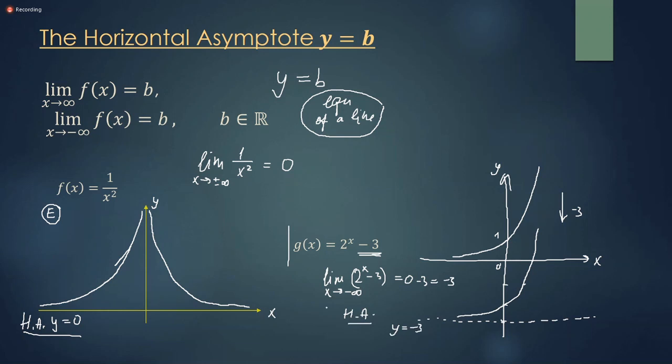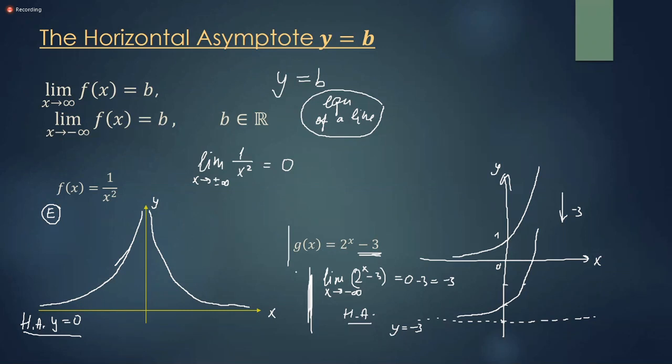We can do it using the limit, but I illustrated using our knowledge about exponential functions. Sometimes you see the horizontal asymptote could be only in one direction, only for x tending to negative infinity or only to positive infinity, only on one side.